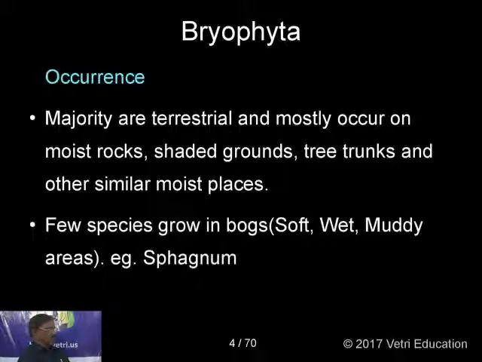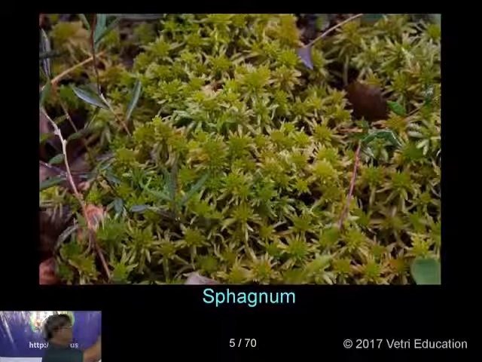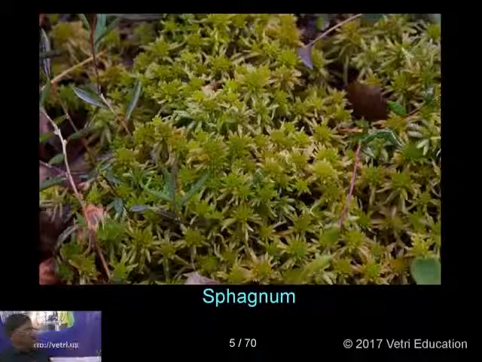Generally the plants which grow in soft, wet and muddy areas are called bogs, for example Sphagnum. You can see this plant growing on muddy areas, where you can find it in a black color. That is a muddy place. So this is a bog moss. That's why Sphagnum is also called bog moss.